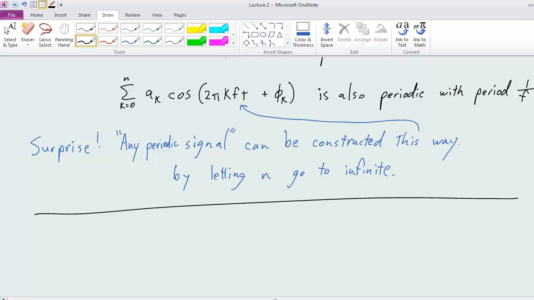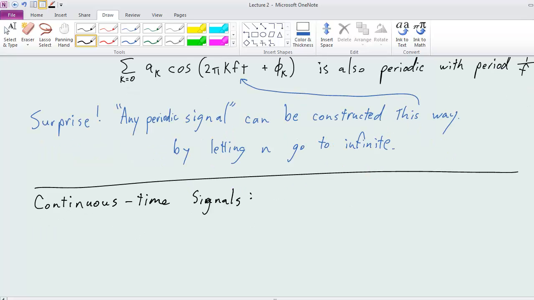I mentioned that we have names for signals that are continuous time, and we have what we call discrete time signals. For a continuous time signal, the domain of the signal, the independent variable t, is just all real numbers.